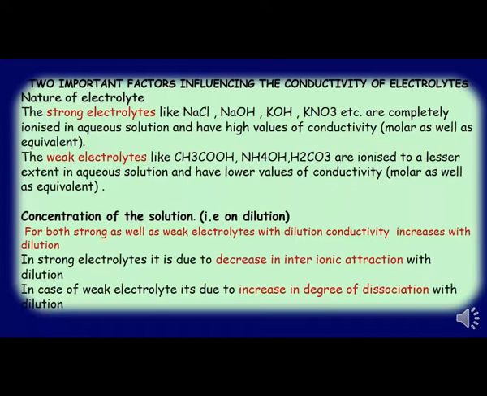Then the degree of dissociation will become 4 by 10. That is, when you increase the dilution, the degree of dissociation increases. Hence, the number of anions and cations will increase, thereby increasing the conductivity. I hope it is clear.